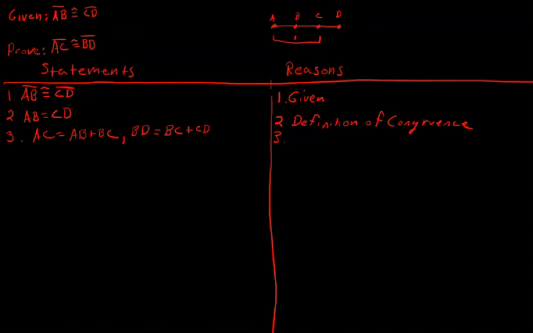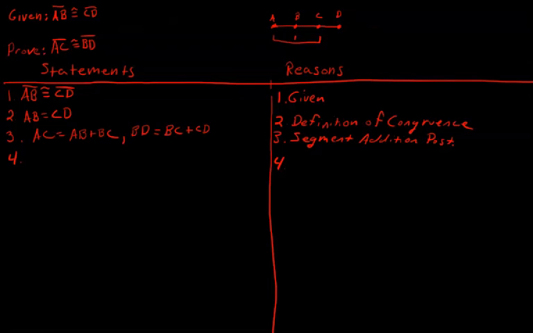And what are we doing with both of these? AB and BC are both lengths of segments, and we are adding them together. This is called the segment addition postulate.